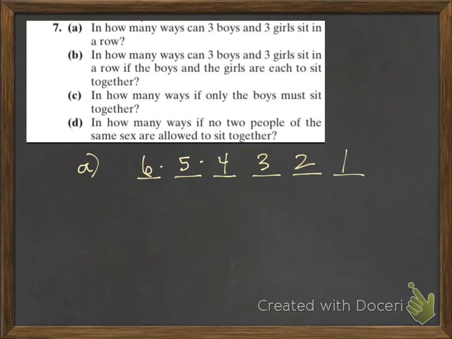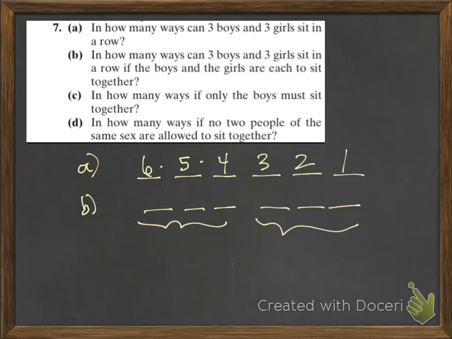In part B, in how many ways can 3 boys and 3 girls sit in a row if the boys and the girls are to sit together? Well, if the girls must sit with the girls and the boys must sit with the boys, then we have them split up this way: 3 boys and 3 girls, or 3 girls and 3 boys.